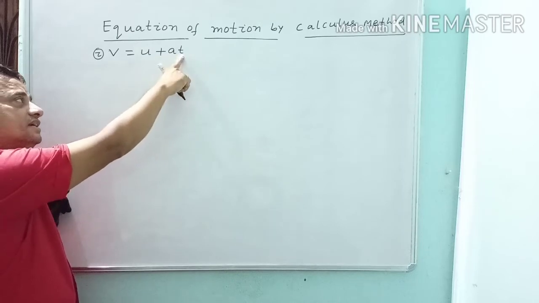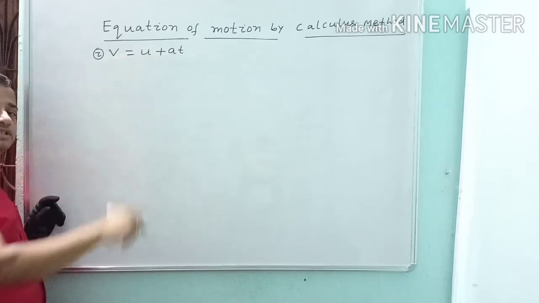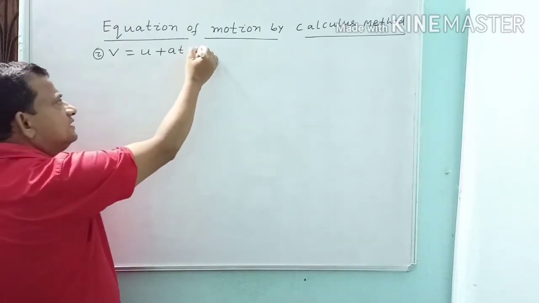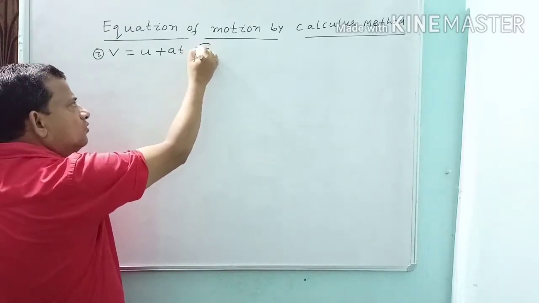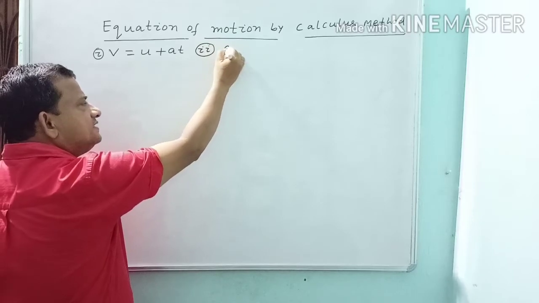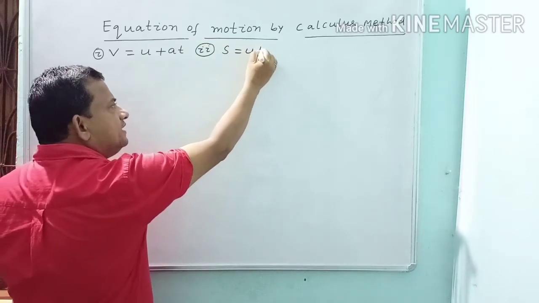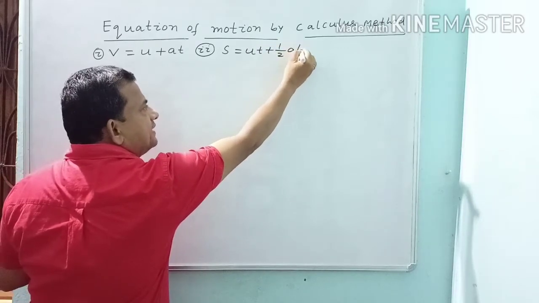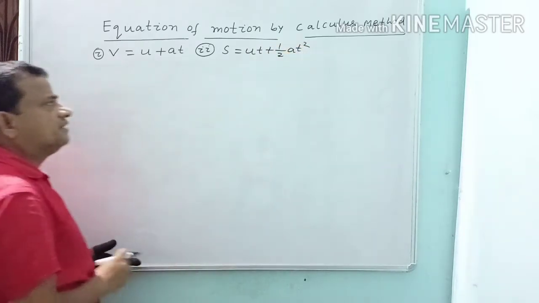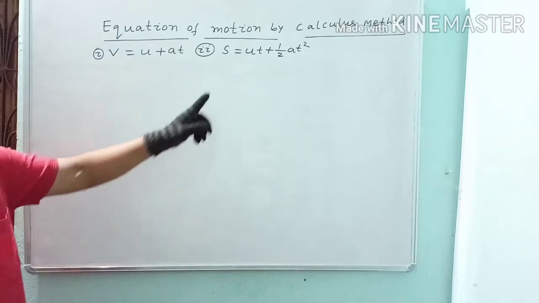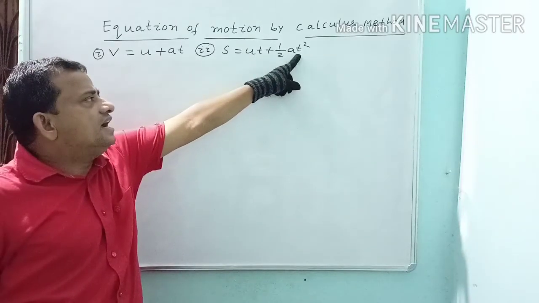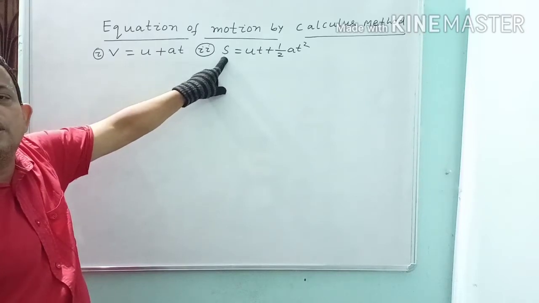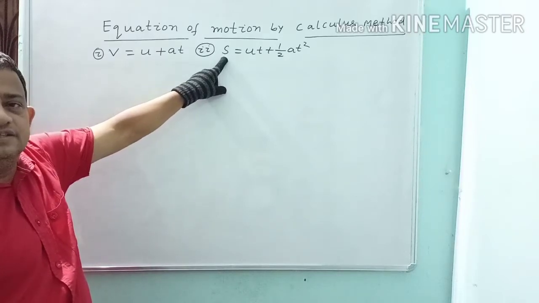So in time t, the final velocity is V. Similarly, students, the second is S is equal to ut plus half AT square. I mean, in time t, your displacement or distance is S.